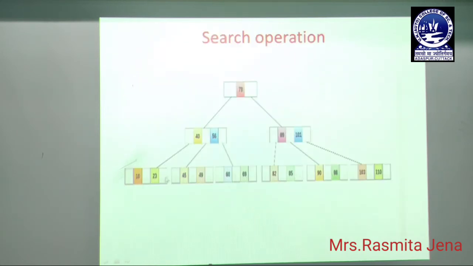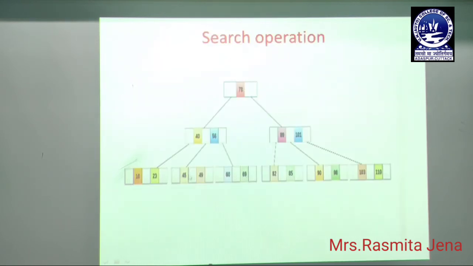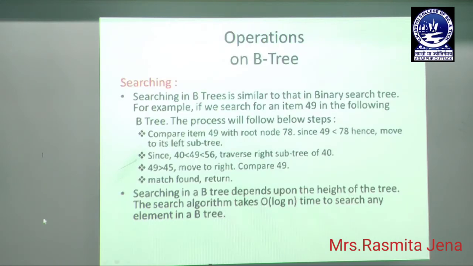When we go to the right subtree, we get the two nodes 45 and 49. 49 is greater than 45, so we move to the right and compare again, and a match is found and returned.